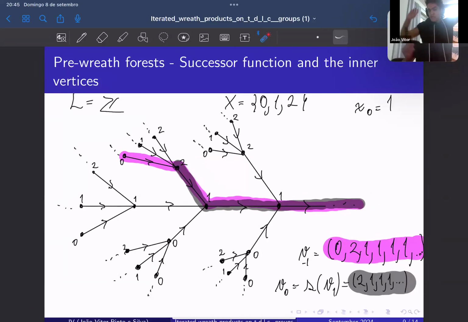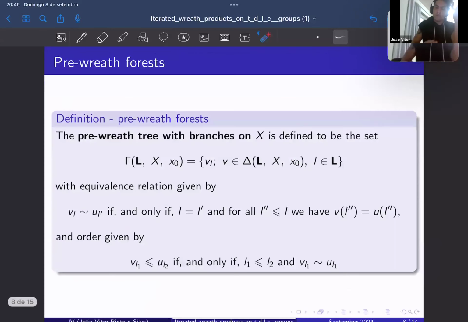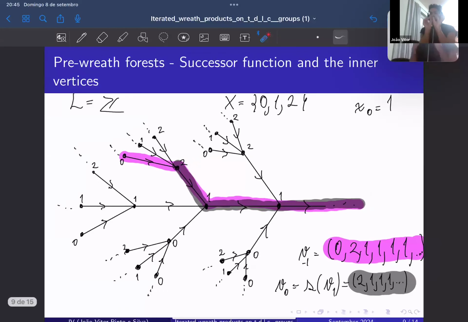There are 3 things that are important in this definition. The first one is one of the uses that I have for the L in my totally ordered set: I want to have an idea of something right next to it forward, and some things, not necessarily just one, in this case many, that will be back. But I know that I can always take at least one step back and always one step forward.